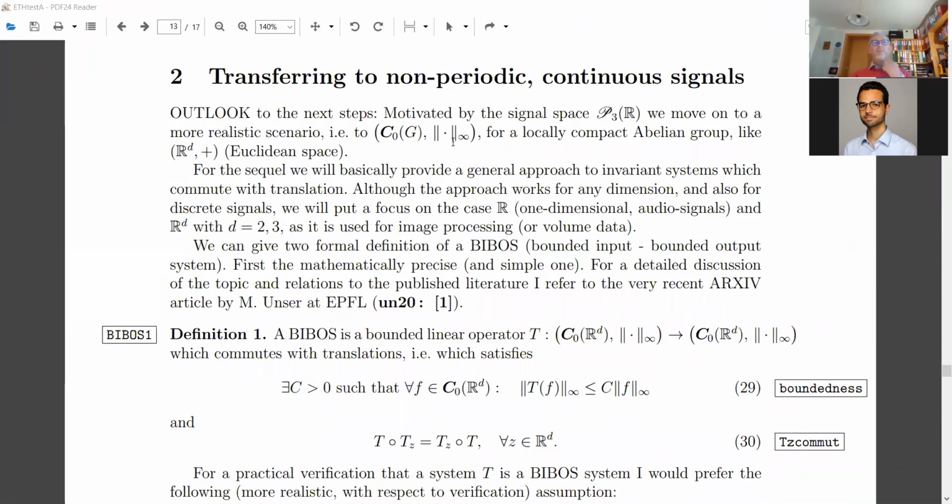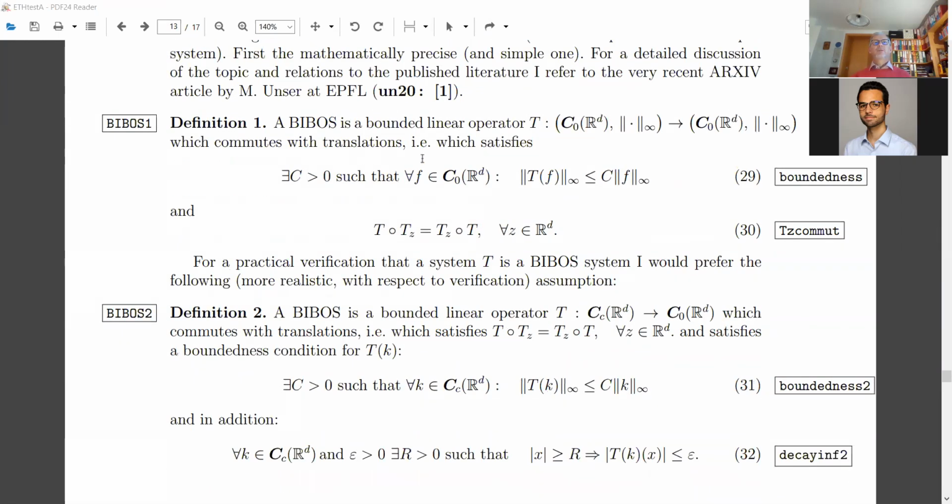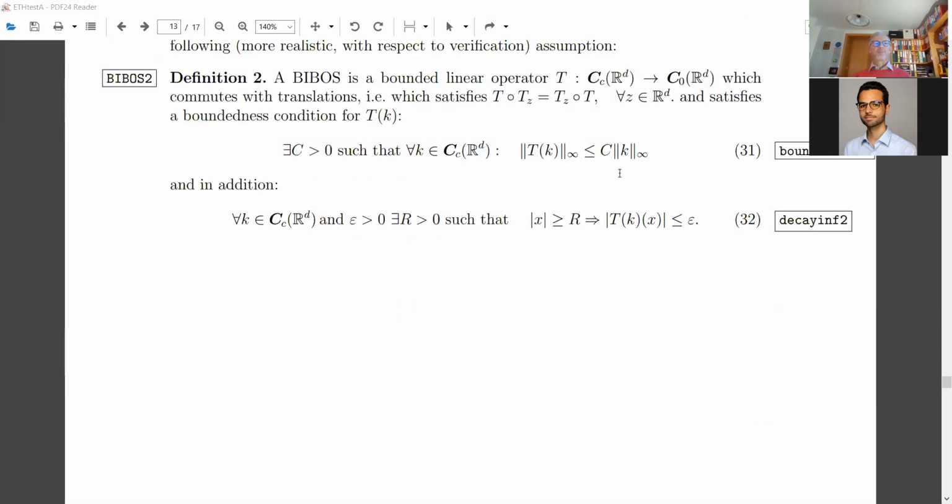So from what I have said so far, it's clear we have to study in more detail the linear functionals, and recall that we have in mind to study BIBO systems, so operators from C0 to C0. The reasoning why I don't take the bounded continuous functions here as input, respectively output, will become clear during the course.